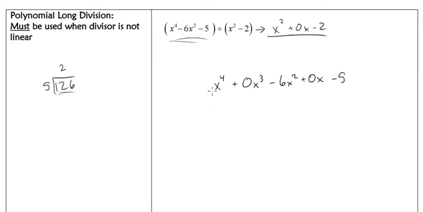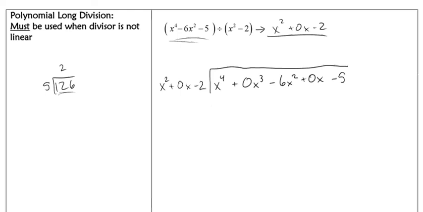So with polynomial long division, we need to have all those in, not just the coefficients, but the x's and their degrees as well. Now that's being divided by x squared minus 2, which I want to write out as x squared plus 0x minus 2.